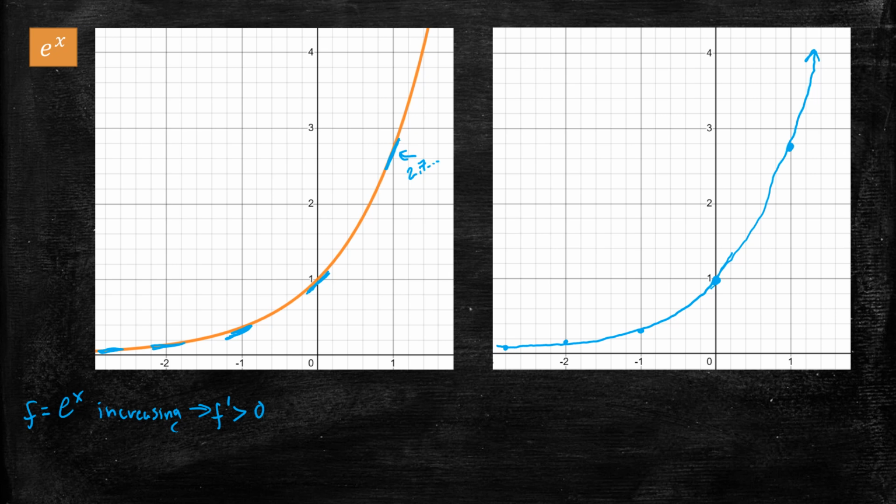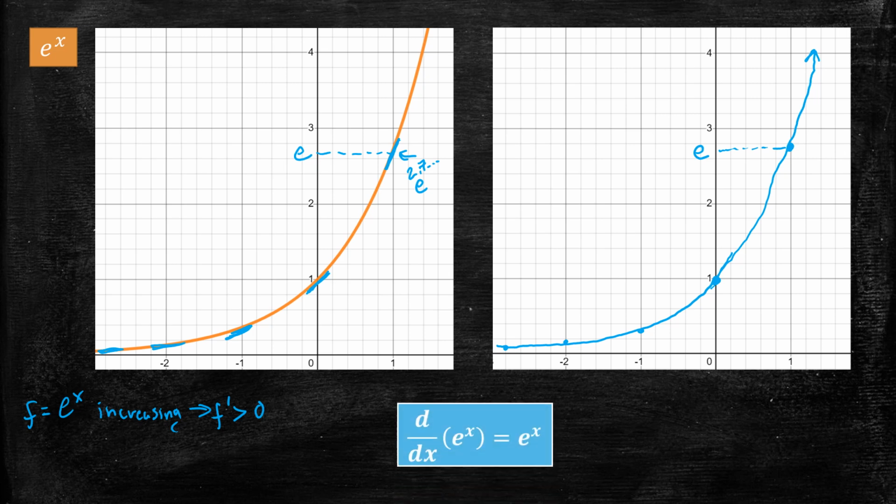It's actually exactly e. So the slope at x equals 1, this value here, is the number e, the irrational number e. And it turns out that that is also the value of the function at x equals 1. So, not surprisingly, the derivative of e to the x with respect to x is indeed e to the x. It's itself.